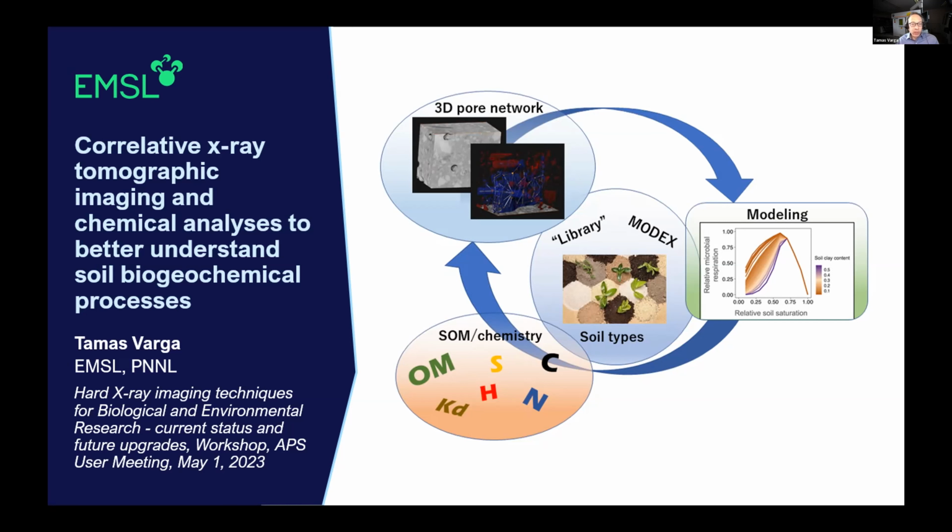Basically we take soil cores. These are 1-inch cores, to achieve about 30 micron spatial resolution, from different soil classes, and first image them in the CT for the full-scale structure. Then the same intact cores go on to a column experiment, which we call stop flow.